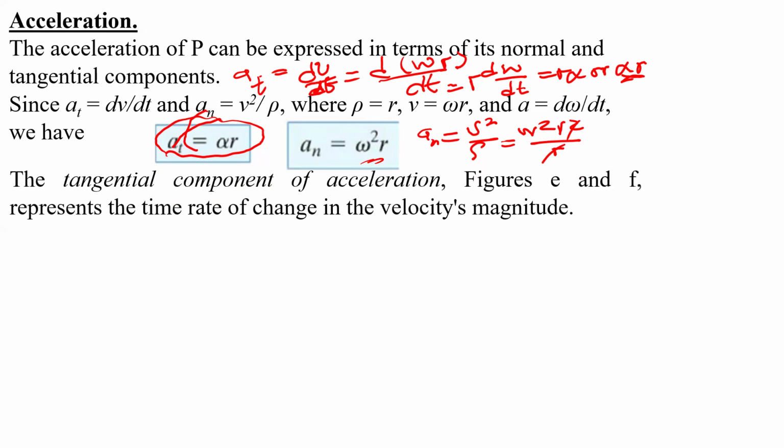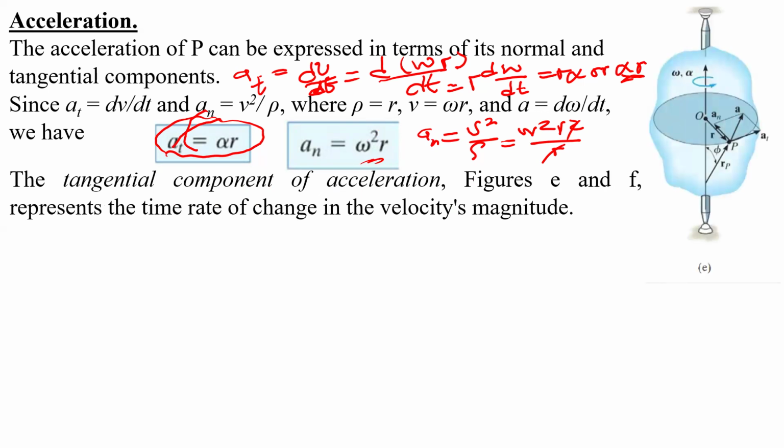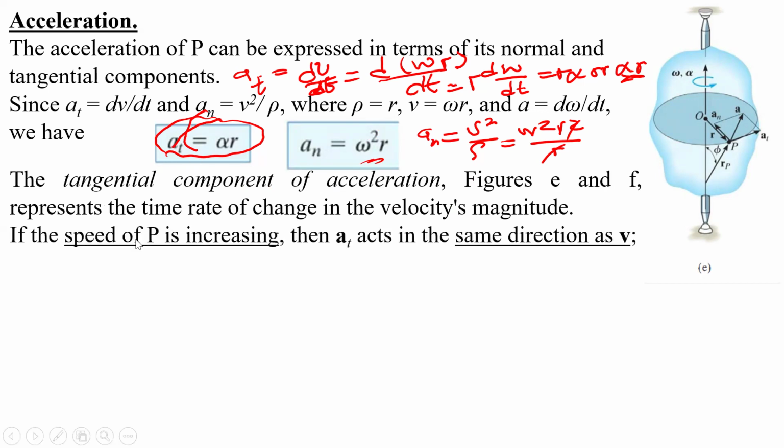The tangential component of acceleration, figures E and F, represents the time rate of change in the velocity's magnitude. If the speed of P is increasing, then tangential acceleration acts in the same direction as velocity.